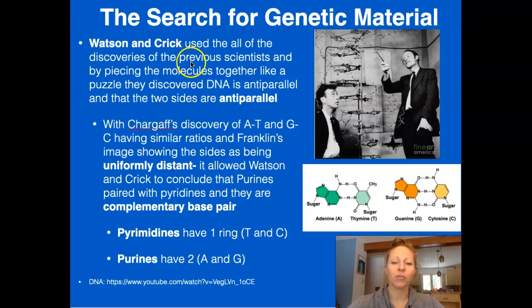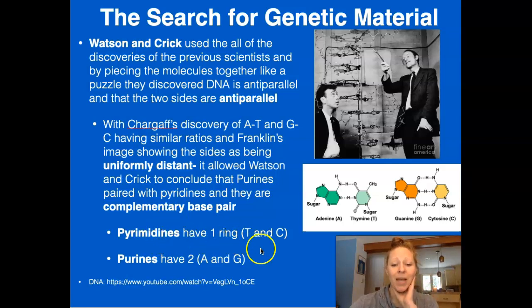They used the discoveries of previous scientists by piecing the molecules together like a puzzle. So they used Chargaff's discovery that there's a similar amount of A and T and G and C. And they used Franklin's image to discover the actual complementary base pair and the actual structure of DNA. And so they realized that there's a uniform distance between the two sides, and that the pyrimidines are going to have one ring.